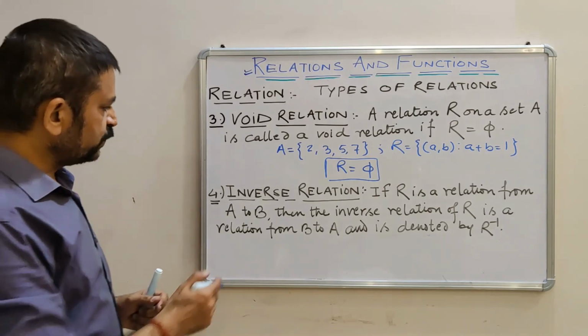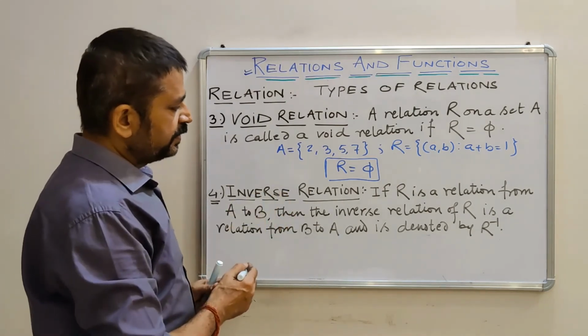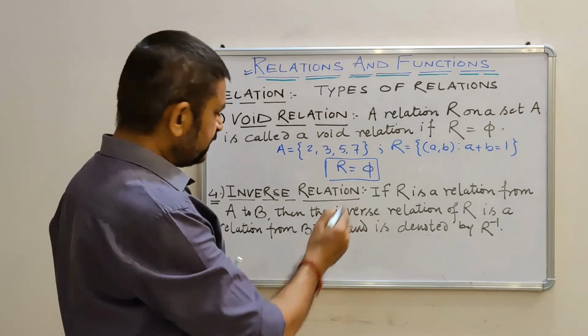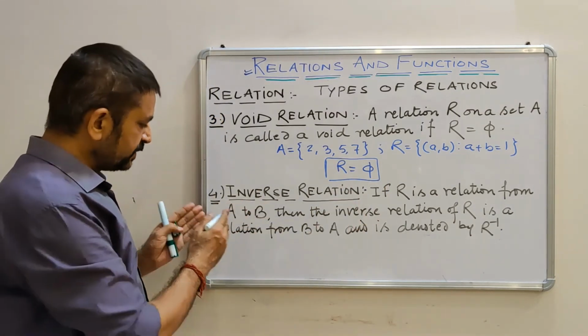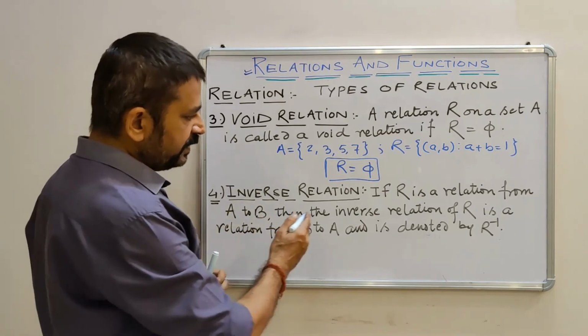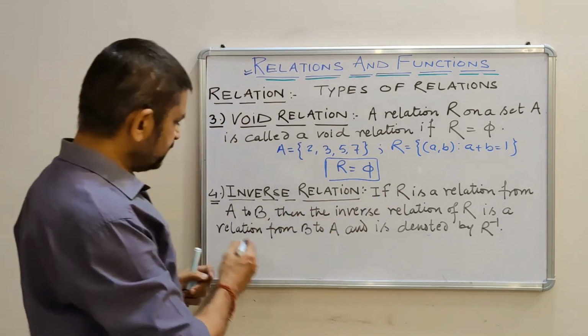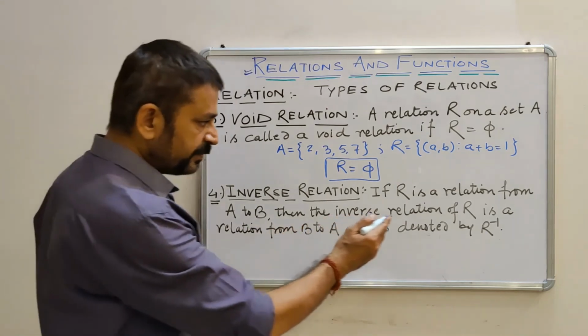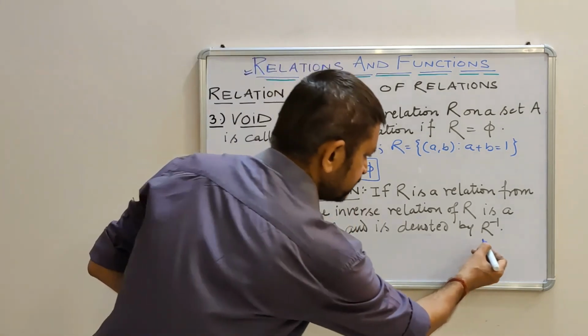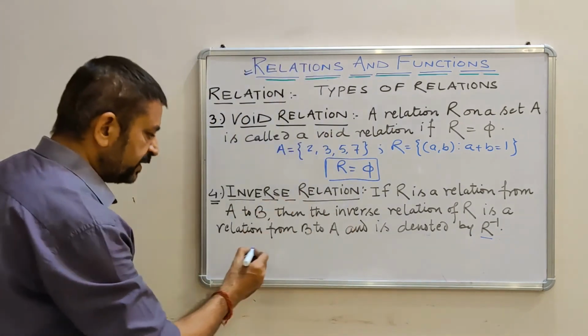Next one and the last one is inverse relation. If R is a relation from A to B, R is some relation from set A to set B, then the inverse relation of R is a relation from set B to set A and it is denoted by R inverse. This is the symbol for R inverse. What does it mean?